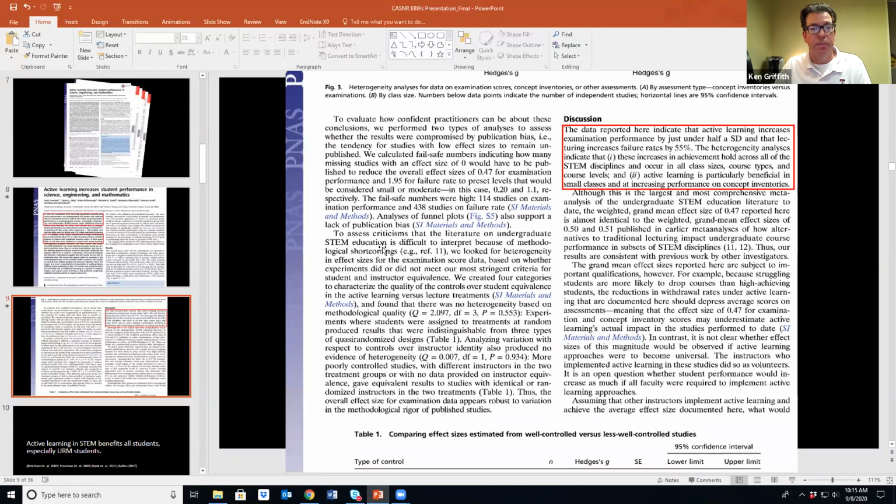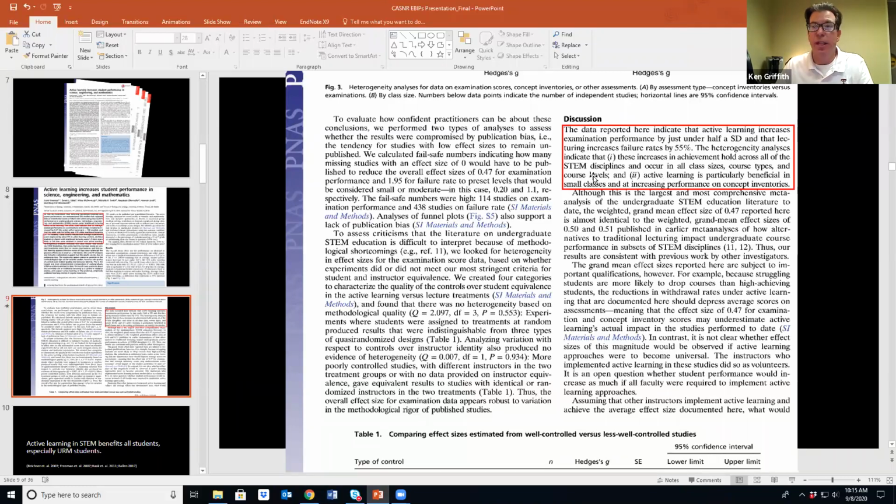Here is another piece of evidence from that Freeman 2014 paper from the National Academy of Sciences, where they looked at, and I'll get my cursor here, these increases in achievement hold across all STEM disciplines and occur in all class sizes, course types, and course levels.